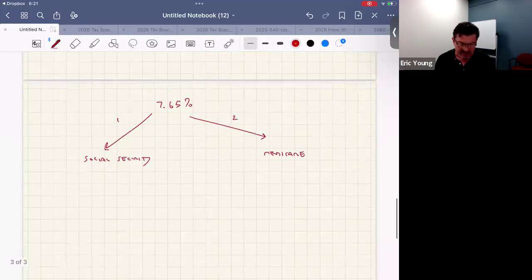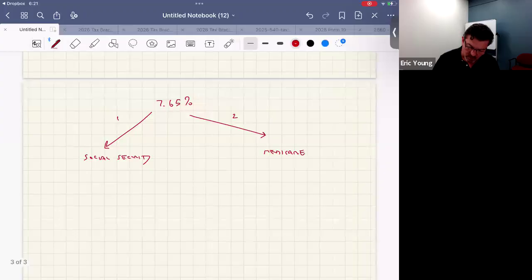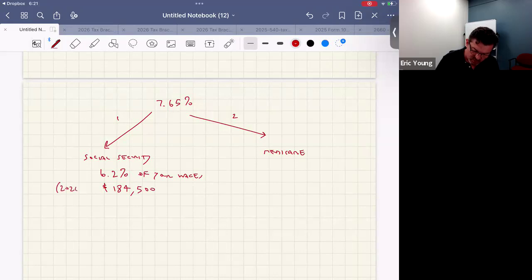Social Security taxes are levied at a rate of 6.2% of your wages. However, that 6.2% only hits the first $184,500 of your wages. This is in 2026. This changes every year.